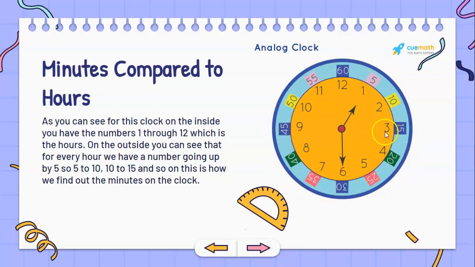Our hours go 1 through 12, and our minutes actually go 0 through 60. But each hour is going to be a 5-minute increment. So if the minute hand is at 1, you're going to have 5 minutes. If it's at 2, it's going to be 10 minutes. And on other clocks, there are little dashes in between that show each minute.